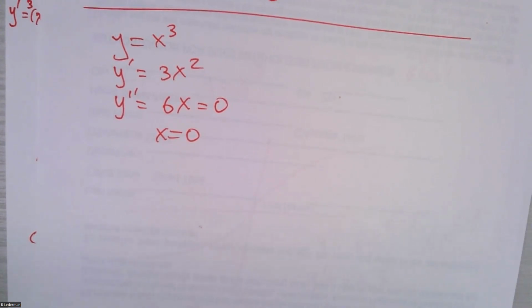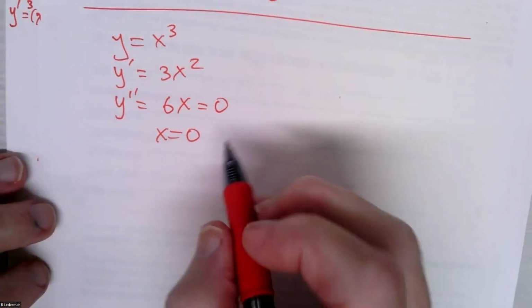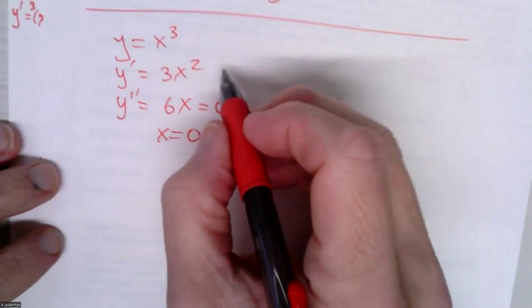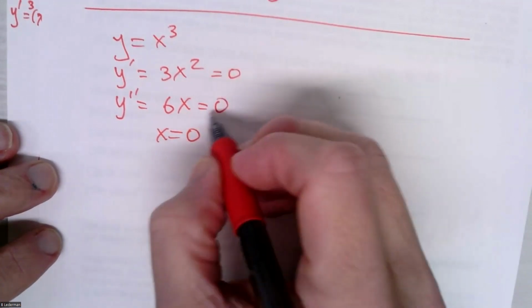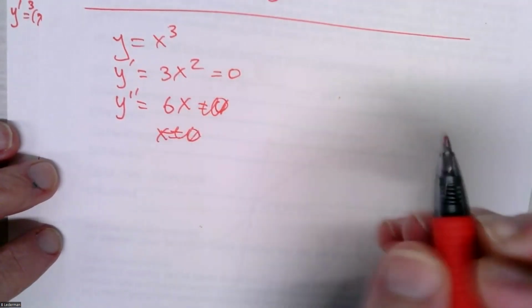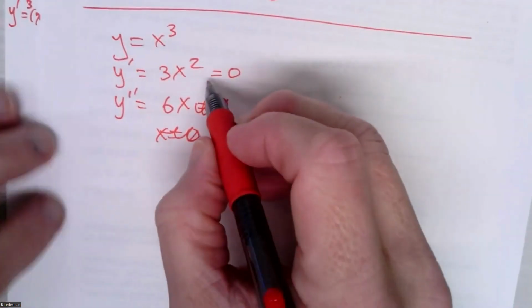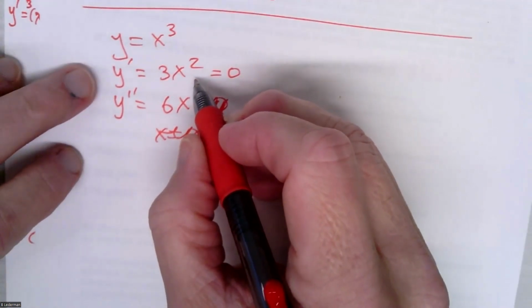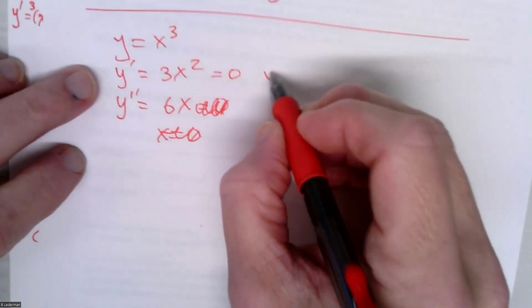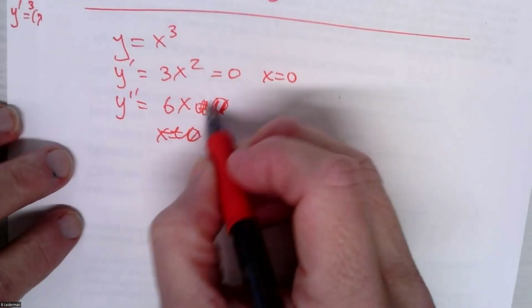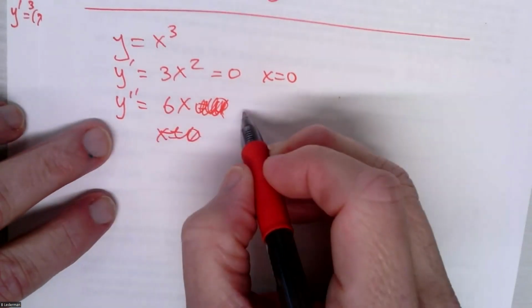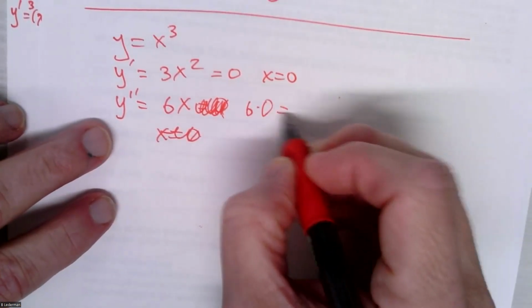Oh boy, I'm sorry, I messed this up badly. We set y prime equal to 0, and that gives us x equals 0. I had a little lapse there, sorry about that. But if I take the second derivative and plug in x equals 0, I get 6 times 0 equals 0.